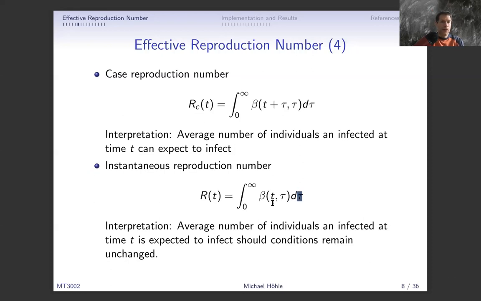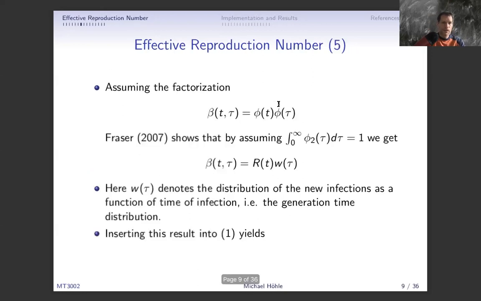This is a bit of a different interpretation. It's the average number of individuals an individual infected at time t is expected to infect, and this is the important thing, should conditions remain unchanged. So calendar time is not updated, it stays fixed, so possible interventions in the future don't matter. We simply investigate what happens at t and then update that.